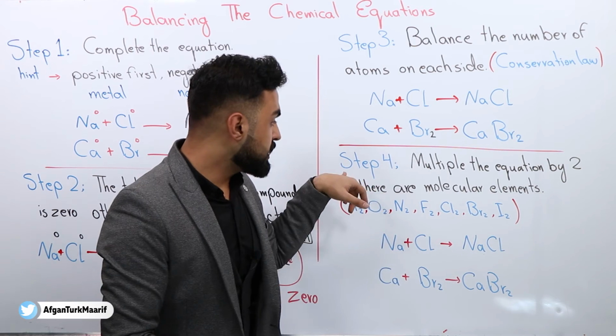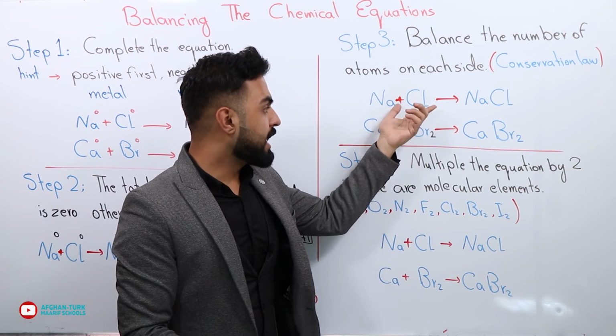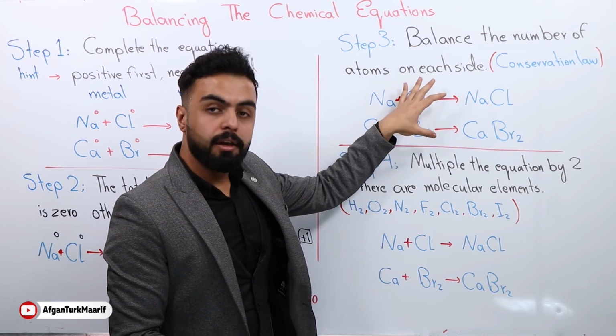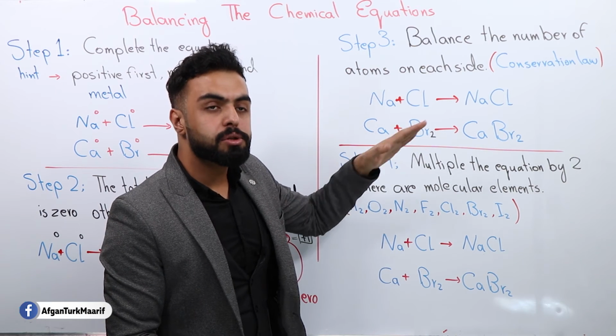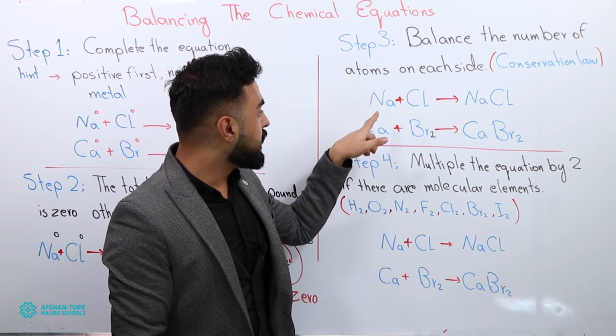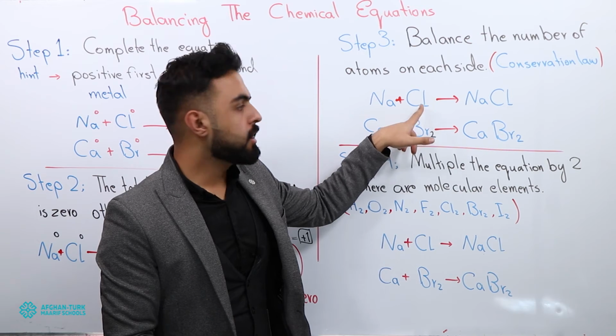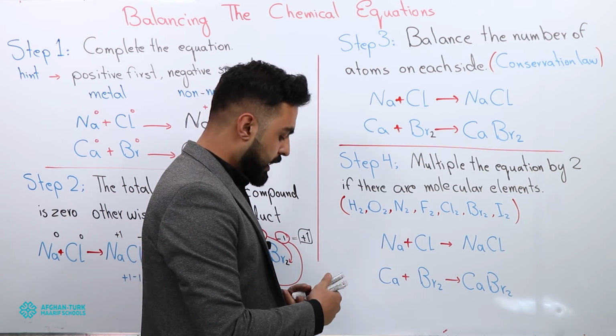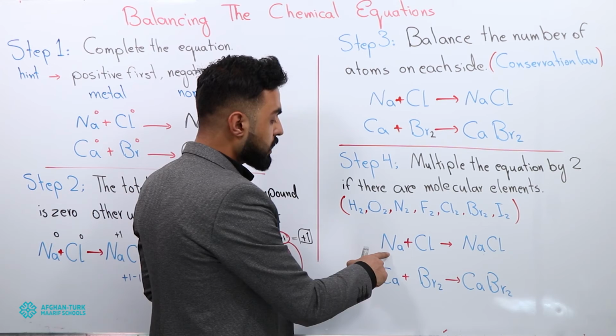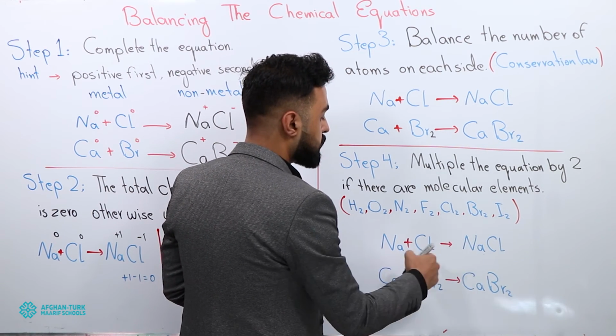Now in this step the equation is balanced, it's okay, but if the equation has molecular elements, you should multiply that equation by 2. Yes, this one has chlorine and this one has bromine. So what happened? For sodium chloride, the first one, we had 1 sodium, 1 chlorine.